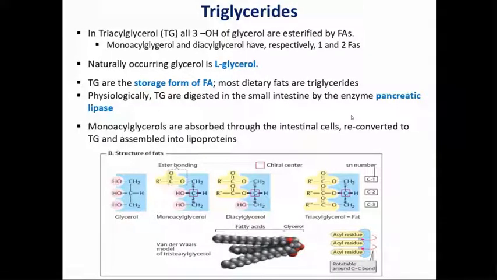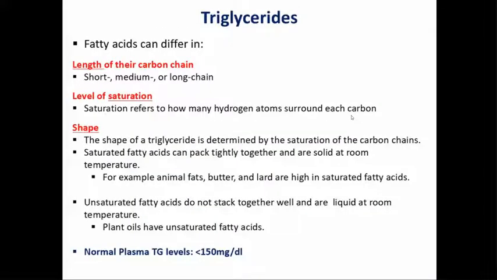Where is triacylglycerol found in our body? Yeah, exactly, it is found in adipose tissue. Triacylglycerol is the storage form of lipids in our body.